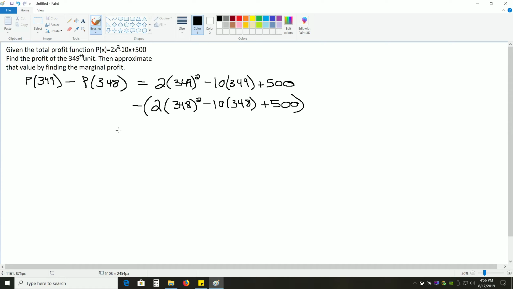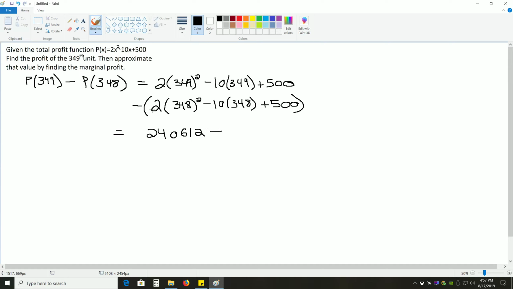It's worth showing the step that simplifies this. When we plug 349 into all of these terms and add in that 500, all in our calculator, the result is 240,612.